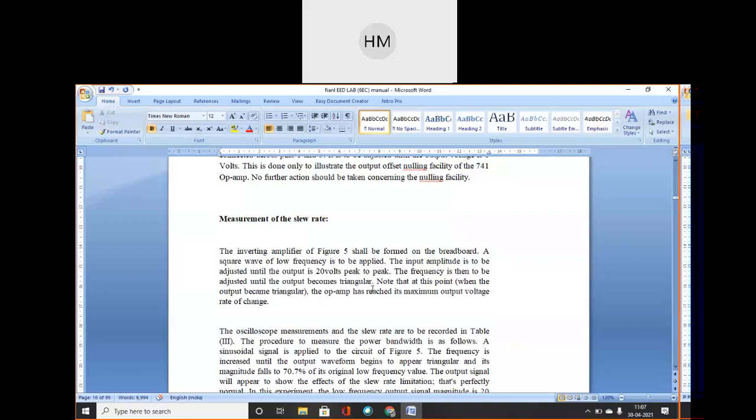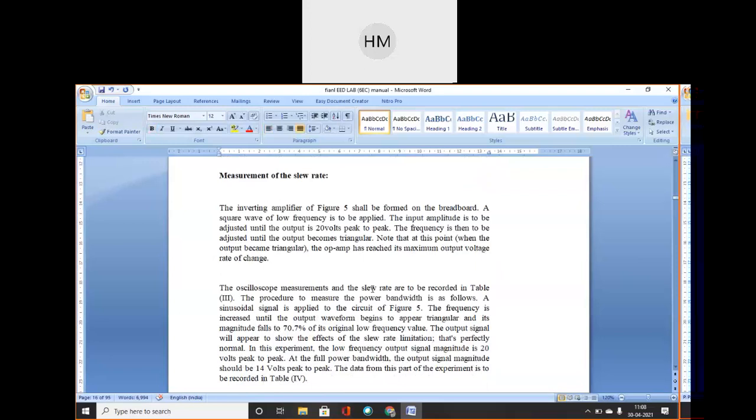The more triangular the wave you get, the higher your slew rate will be. Because ramp wave means as soon as time is changing, the output amplitude is changing. In a square wave, it doesn't happen. The output remains constant as time changes. In a triangular or ramp wave, the output changes with respect to time. That effect is known as slew rate. Is it clear? So it tells you the speed of your operational amplifier.